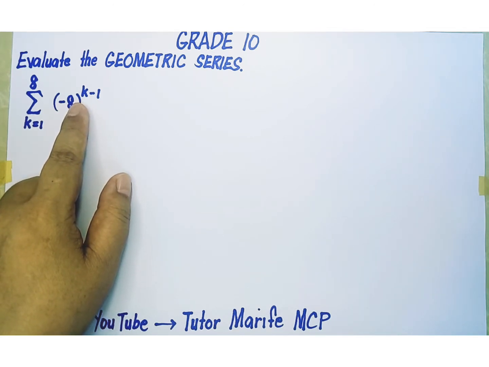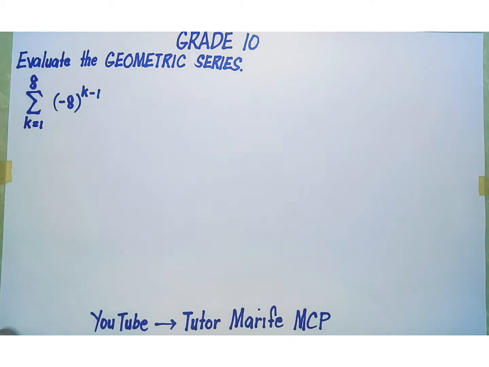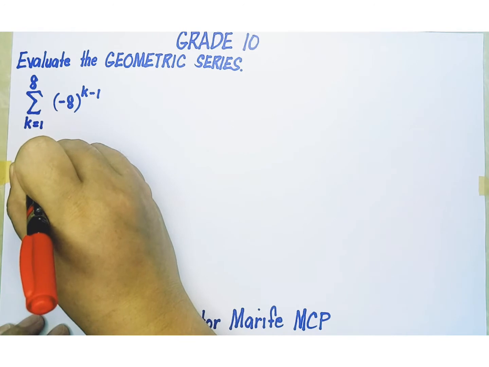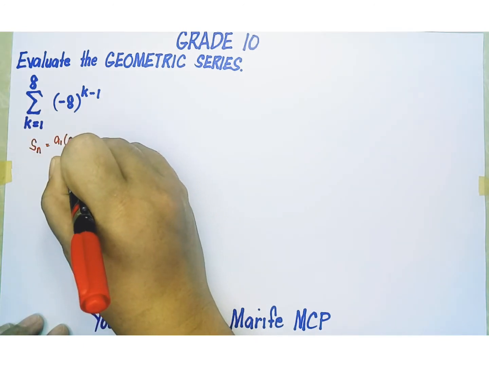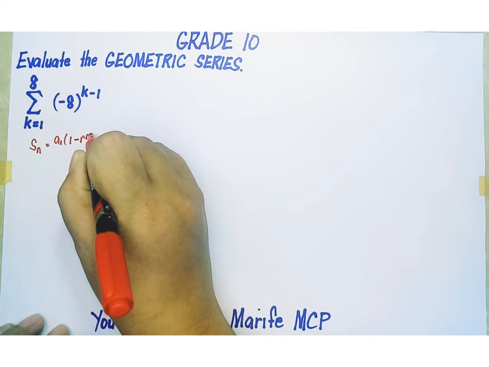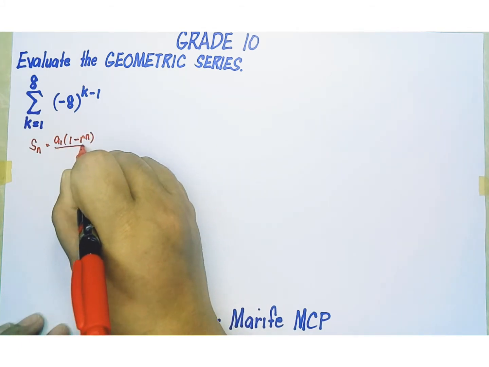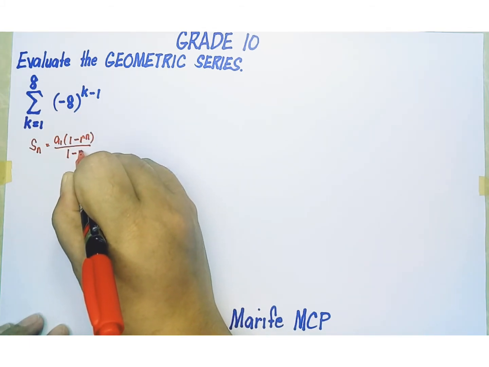Ang gagawin natin ay yung shortcut solution. Okay? So, ang formula pag nagsosolve ka ng finite sum of a geometric sequence ay dalawa. We have S sub n equals a sub 1 times the quantity 1 minus r raised to n all over 1 minus r.